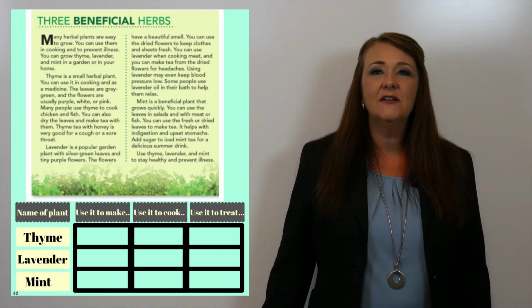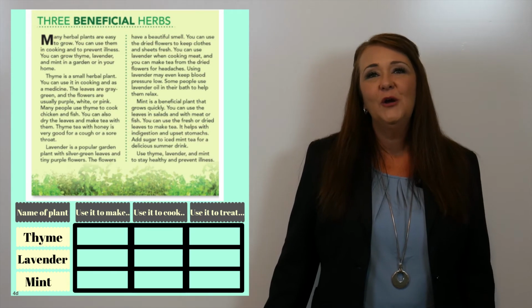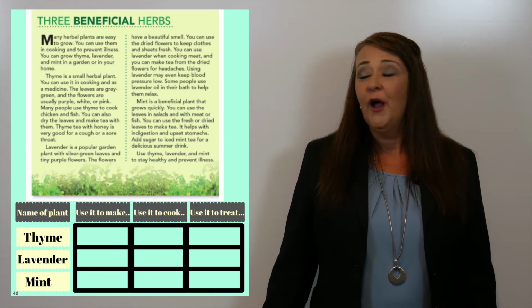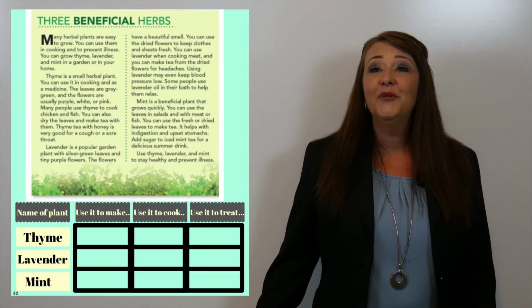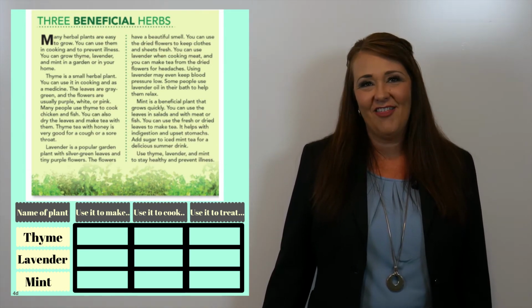So you're going to go ahead, find that information in the article above, write it in the chart, pause your video, complete the chart, and then we'll go over the answers together.